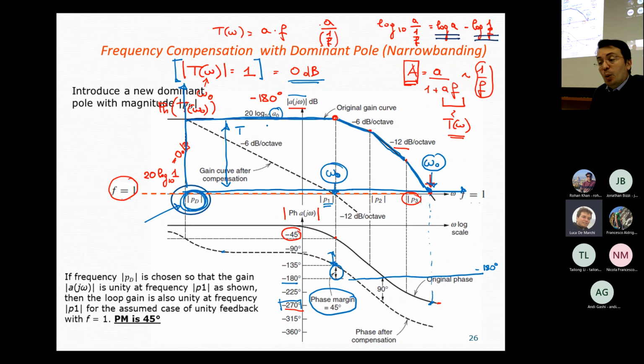And we know that after the addition of the pole, we have a minus 6 dB per octave decrease in the amplitude. What does it mean, minus 6 dB per octave in practice?